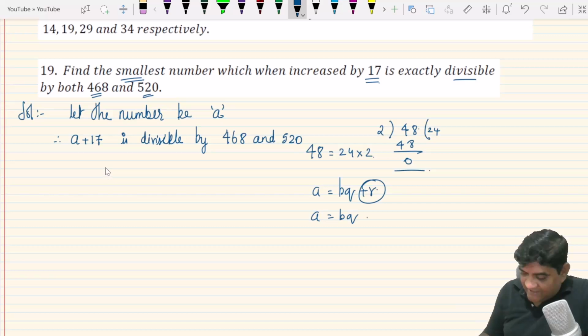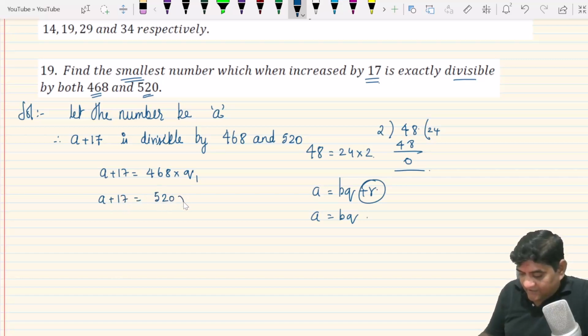Which means that I can write a plus 17 as 468 into some quotient q1, and also a plus 17 can be written as 520 into some quotient q2, right?